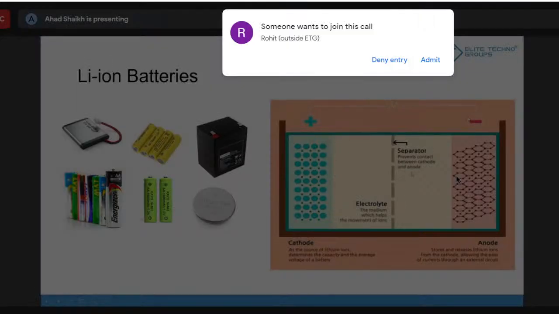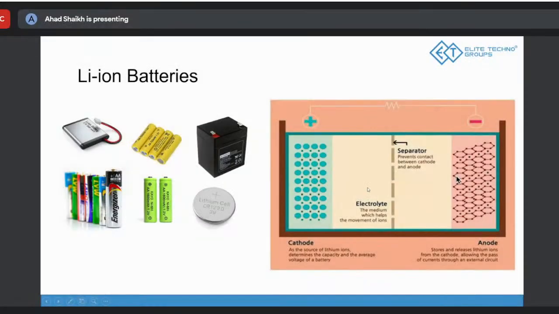Electrons are not allowed to pass through the electrolyte. That's the property of the electrolyte, it does not allow electrons to pass, so they have to follow an external circuit path. And that's how the lithium comes here, and they are in an unstable condition here.